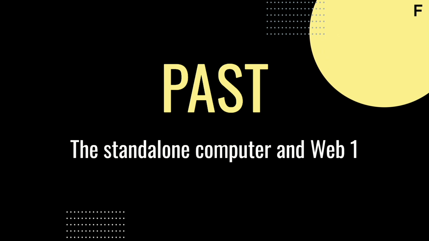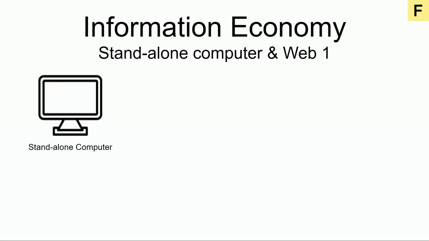Past. The standalone computer. In order to understand where we are going, it's important to first know where we came from. In the beginning, there was the standalone computer, and your personal computer contained everything. If you wanted to share a file from your computer, you would have to download that file to a floppy disk and walk it over to the person you wanted to share that file with.